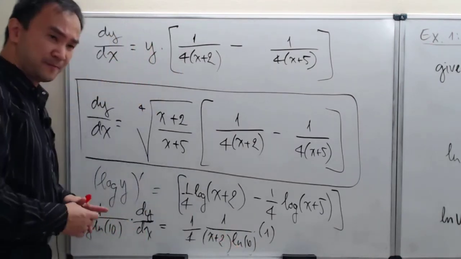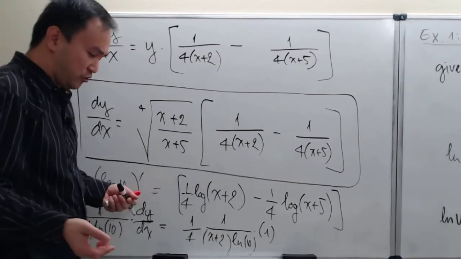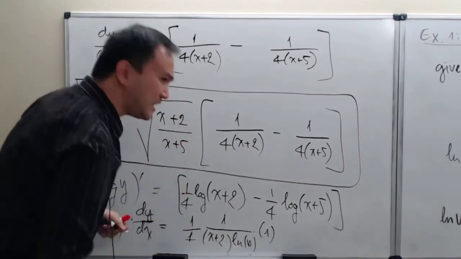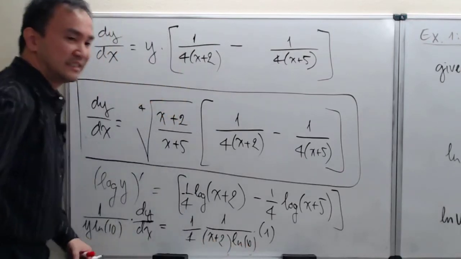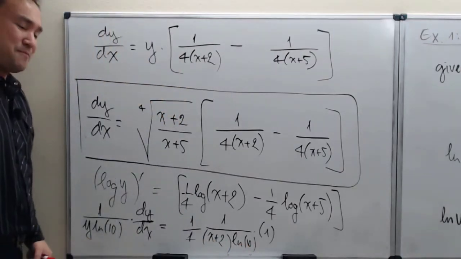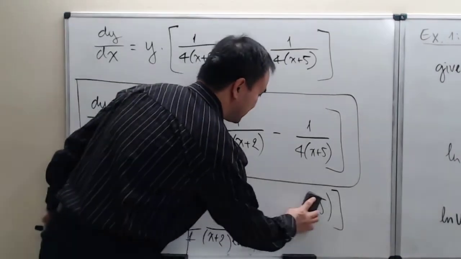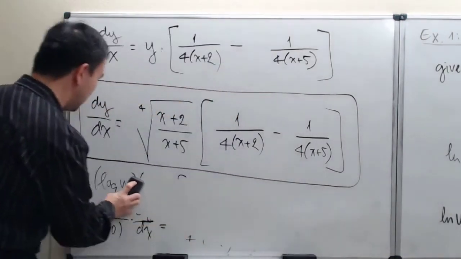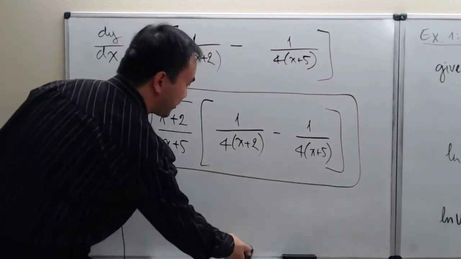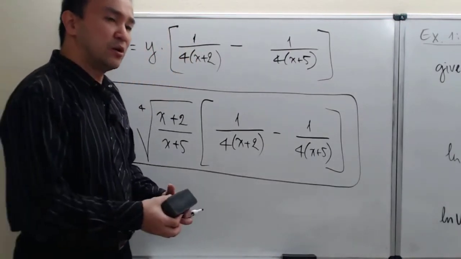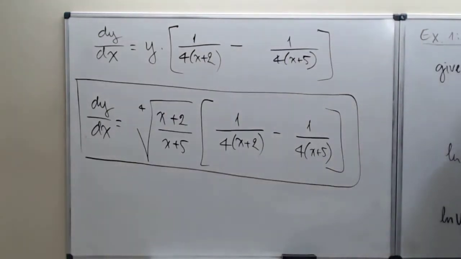That's why I chose the natural log, simply because I didn't have to worry about these little natural logs of the base. But taking any logarithm for this style, which we call logarithmic differentiation, is going to work just fine. It's going to give you the same answer.